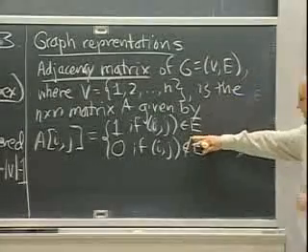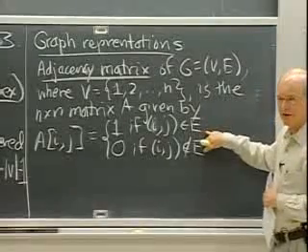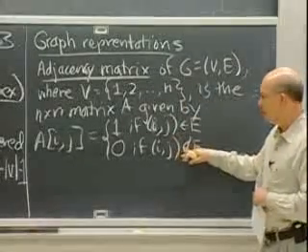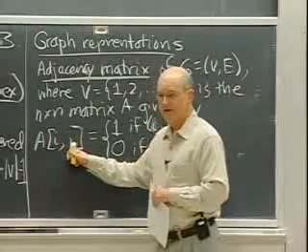So this is in some sense giving you the predicate for whether there is an edge from i to j.